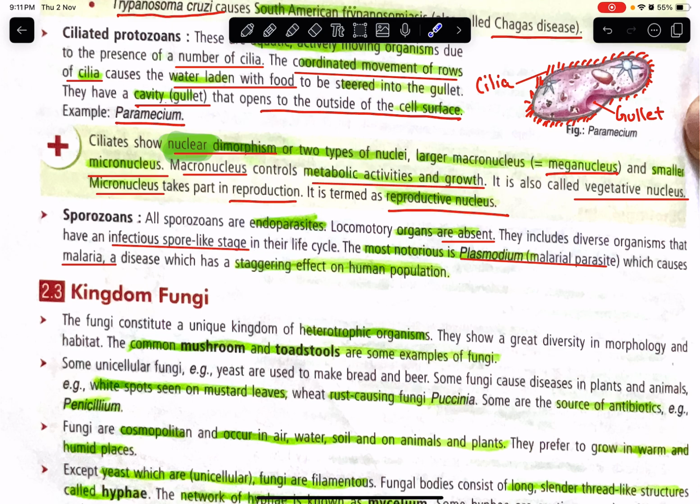They include diverse organisms that have an infectious spore-like stage in their life cycle. That is why they are known as sporozoans. The most notorious type of sporozoan is Plasmodium, the malarial parasite, which causes malaria and has a staggering effect on the human population.